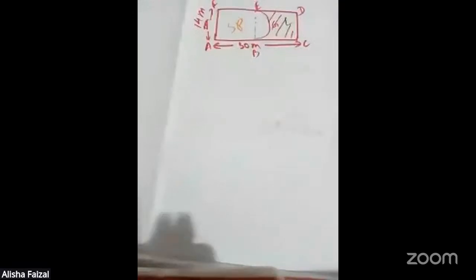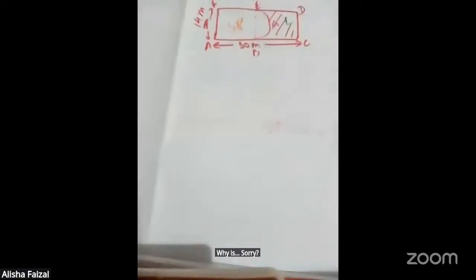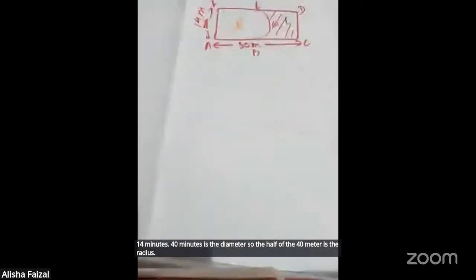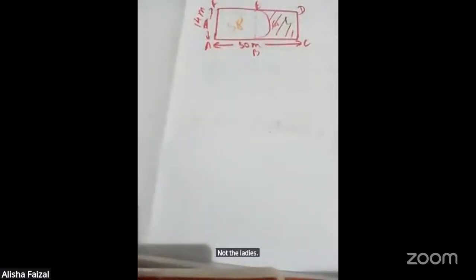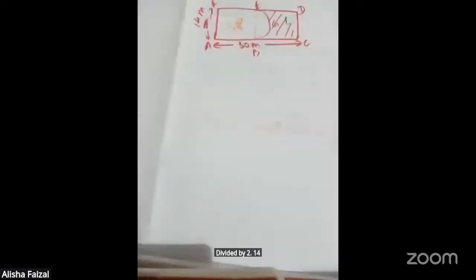And why? Why is 14 meters AF? Someone said 14 meters is the diameter, so half of the 14 meters is the radius. Yes, 14 is the diameter, not the radius. How to find the radius then? Divide by 2. Now, can you see, children?